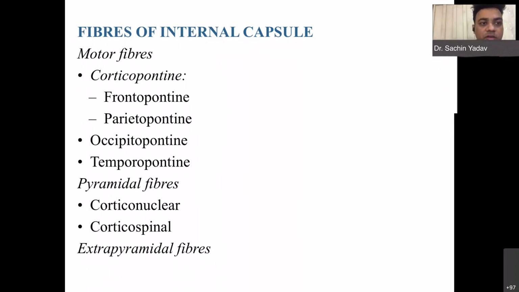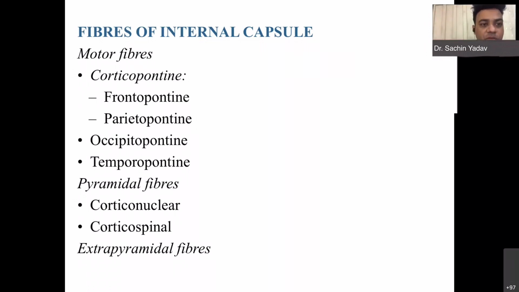Then pyramidal fibers include the corticonuclear and corticospinal. Corticonuclear means going to the cranial nerve nuclei present in the brain stem, and corticospinal means going to the anterior motor horn. The corticospinal fibers are terminating on the anterior horn cells of the spinal cord.